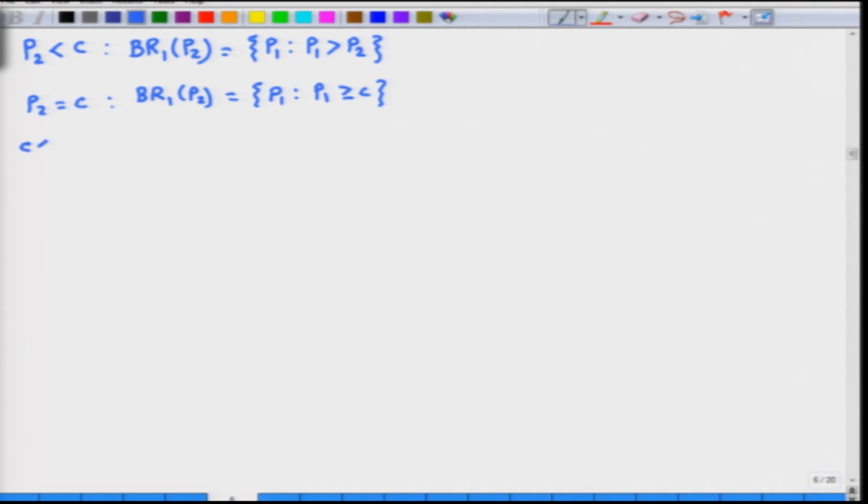When firm 2 chooses a price which is between C and, let us say, the monopoly price. Notice here prices are real numbers. So, what is firm 1's best response? Well, let me just think about this here. So, let us say we have C and let us say this is some PM, the monopoly price, and let us say firm 2 is somewhere here and is choosing a price P2.